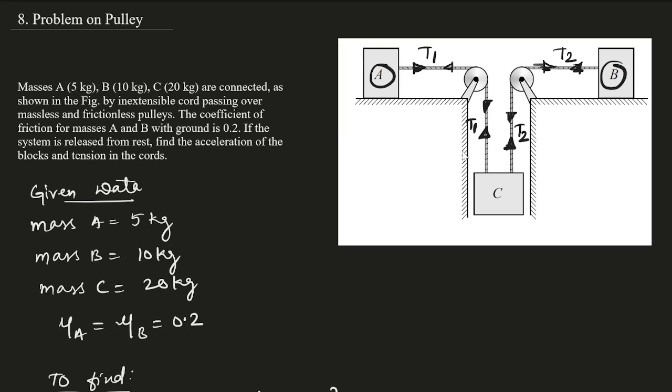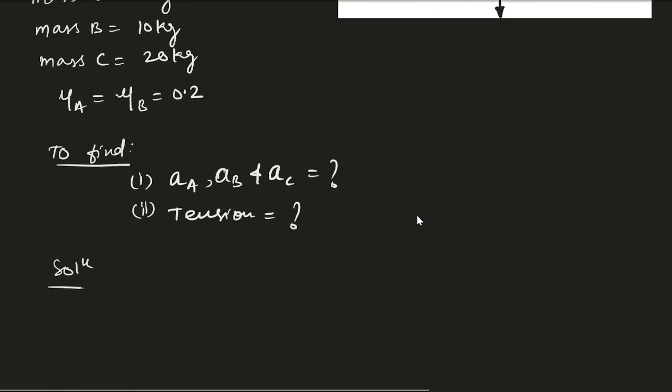Now the second thing is, if the block C moves in the downward direction, the acceleration will be the same for all the blocks. Why? Because B is connected to C and A is also connected to C. That means the acceleration will be the same for all the blocks, since all the bodies are connected.